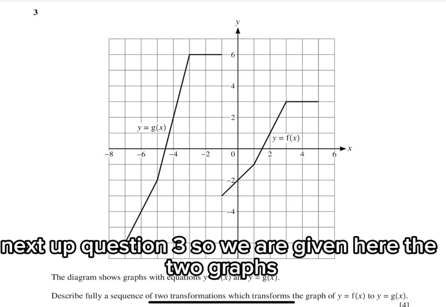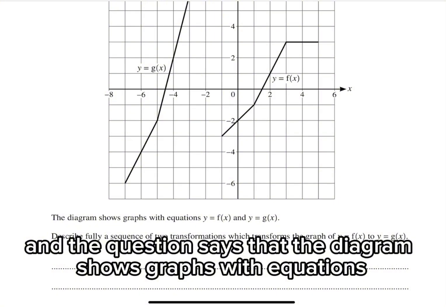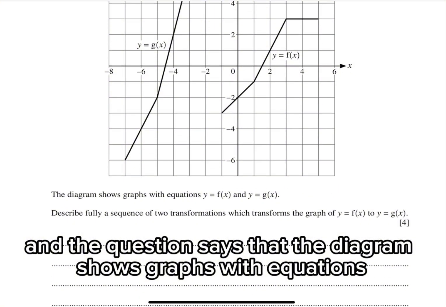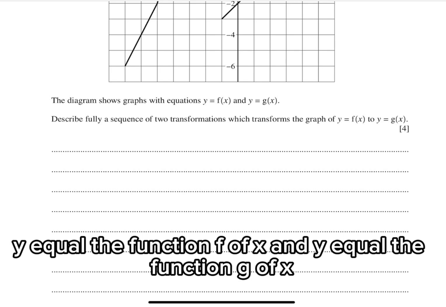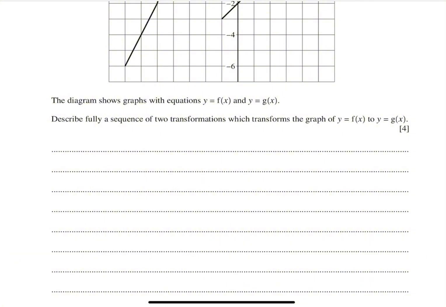Next up, question 3. We are given here the two graphs, and the question says that the diagram shows graphs with equations y equals the function f of x and y equals the function g of x.